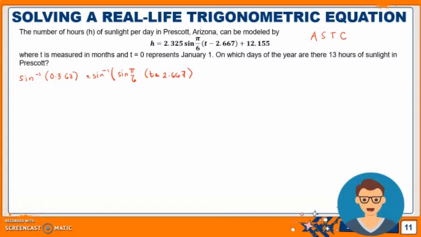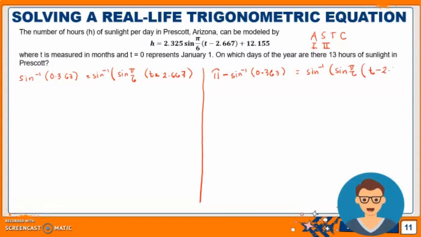Sine is positive in quadrant 1 and in quadrant 2. Thus, the other angle should be in quadrant 2. Using the reference angle concept, the other angle is π, which is 180, minus the inverse sine of 0.363, is equal to π/6 (t − 2.667).